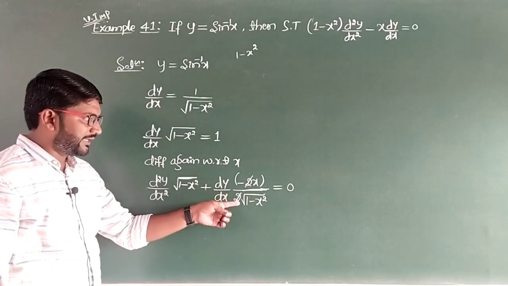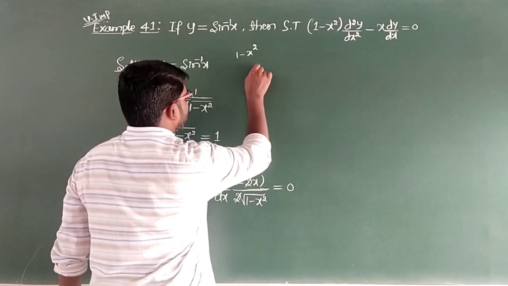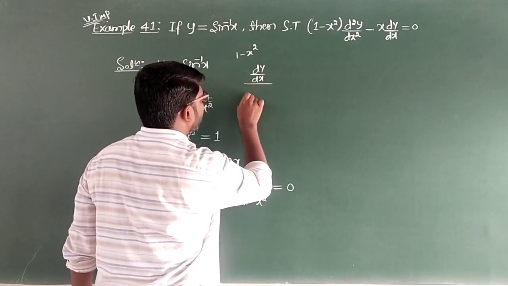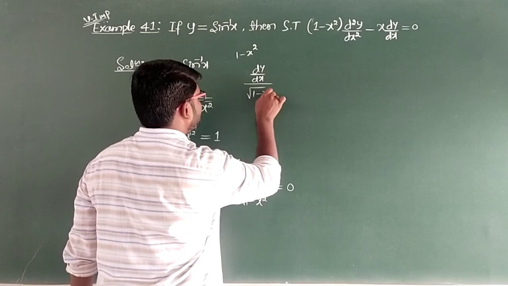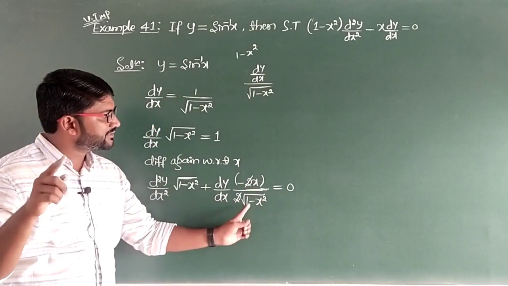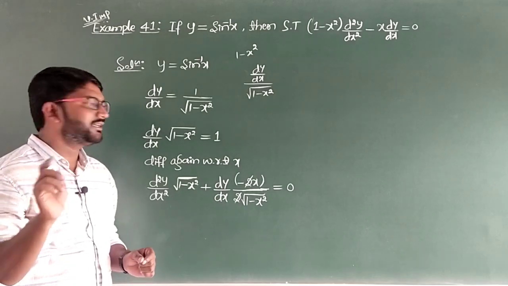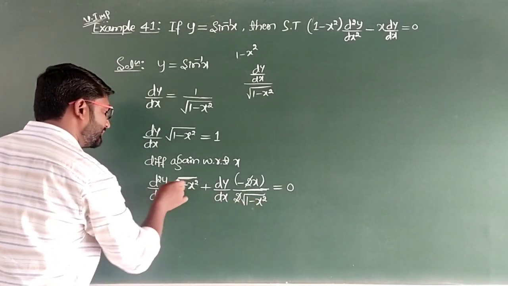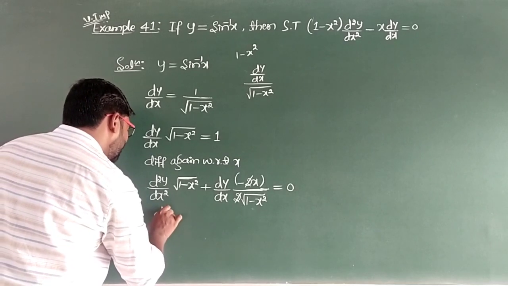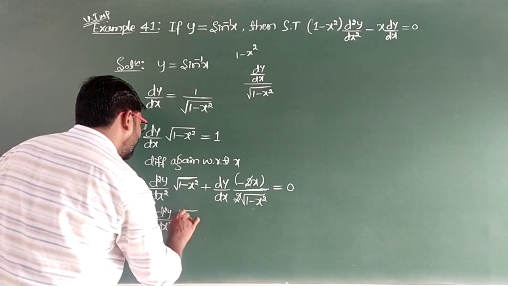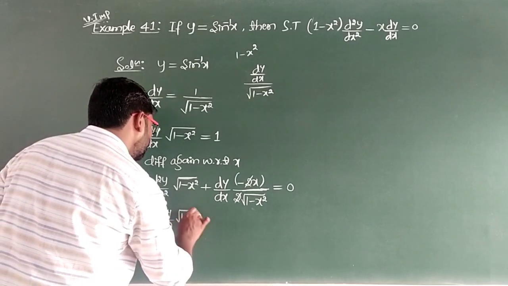So overall we have dy by dx, then whole divided by square root of 1 minus x square here. So here we have 1 by square root of 1 minus x square in the denominator. Now let us take up the LCM. So this will be multiplied with this, d square y by dx square into square root of 1 minus x square.